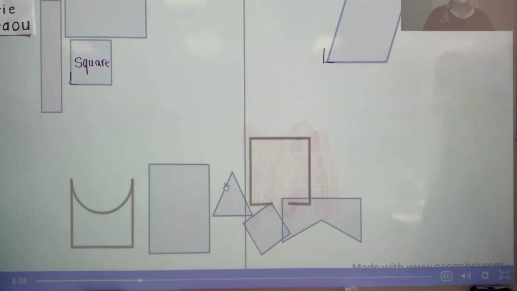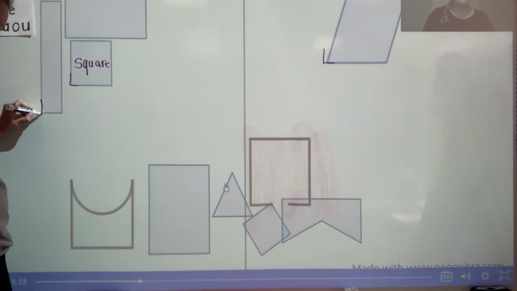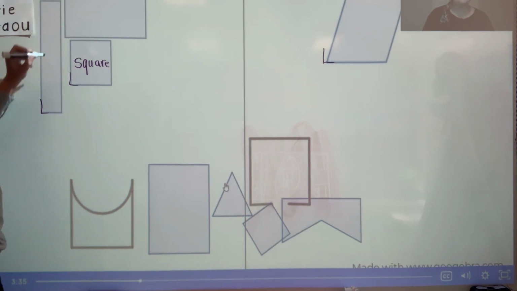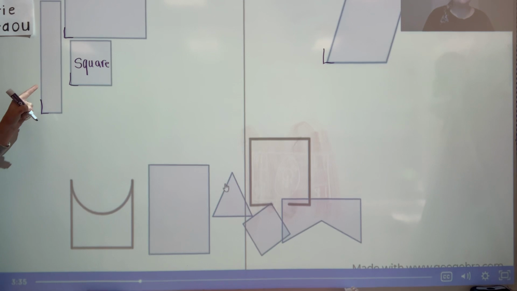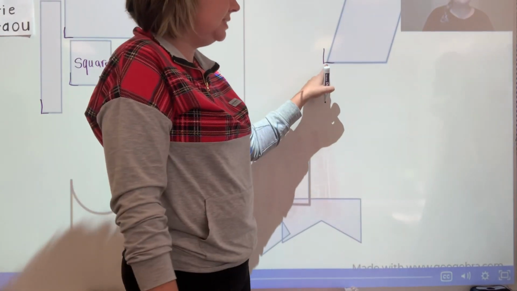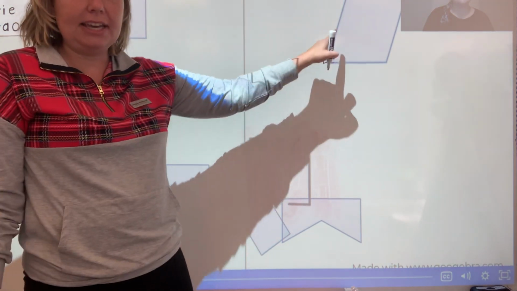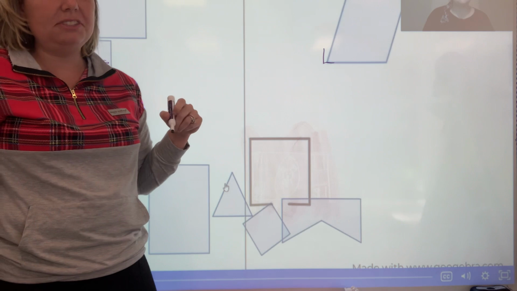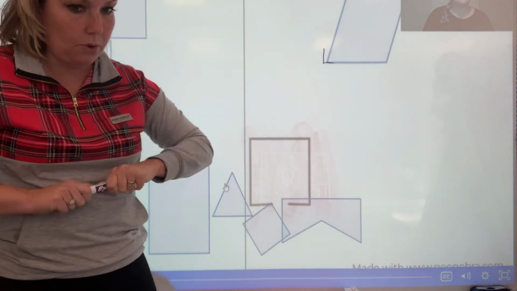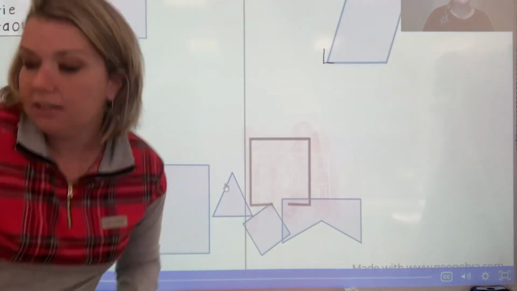See how that has the letter L? This has the letter L, and this has the letter L, and it all fits. However, on this shape, does that L fit, or is it hanging off to the side there? Yeah, it's hanging off to the side, so that won't work. Okay, let's look some more.